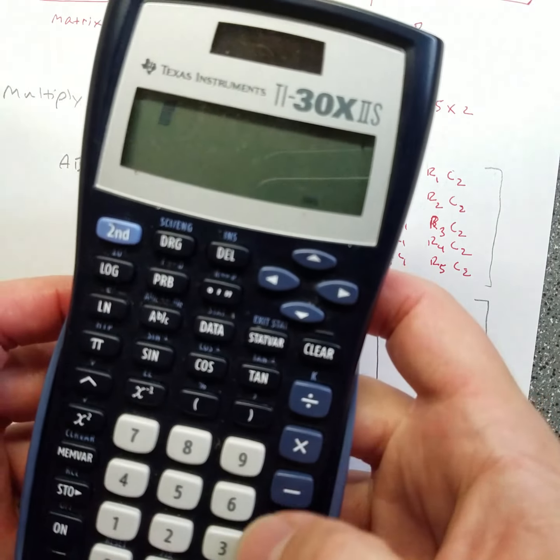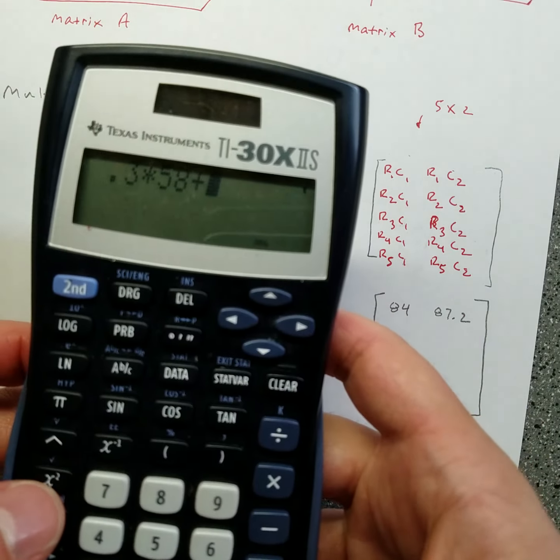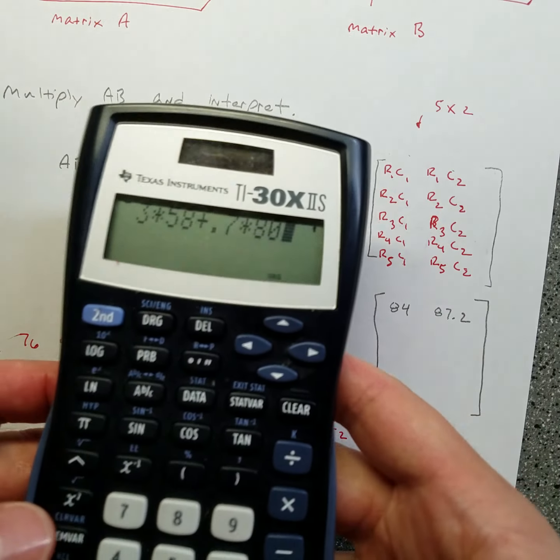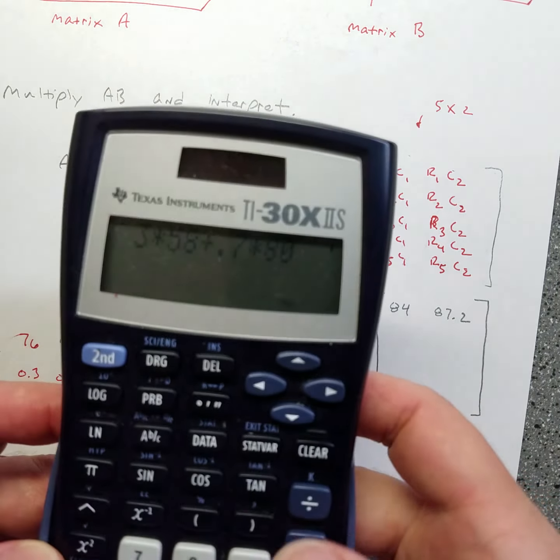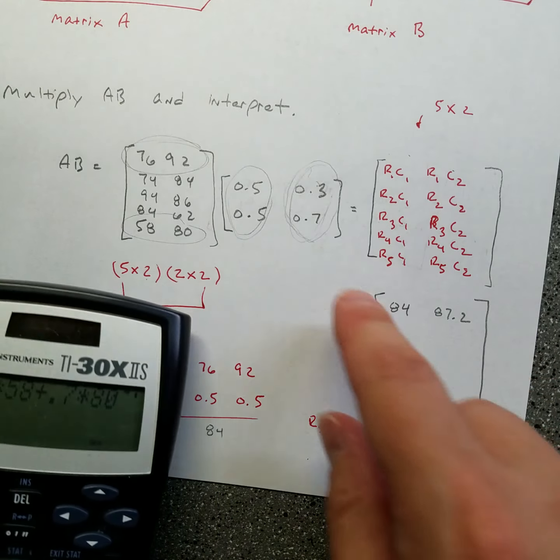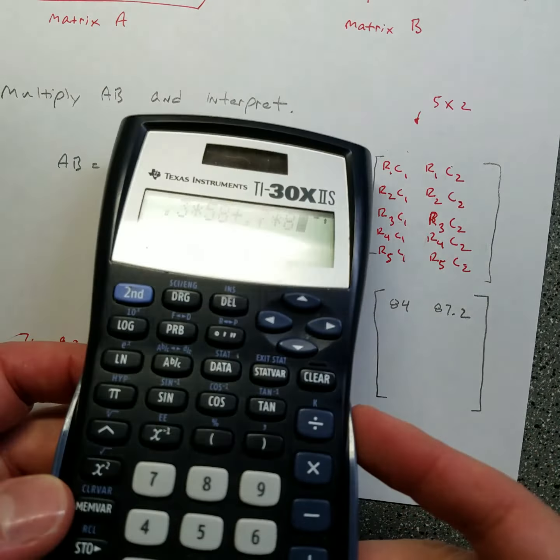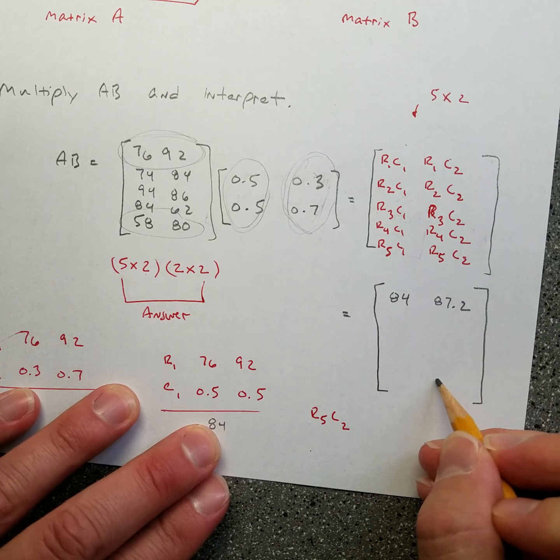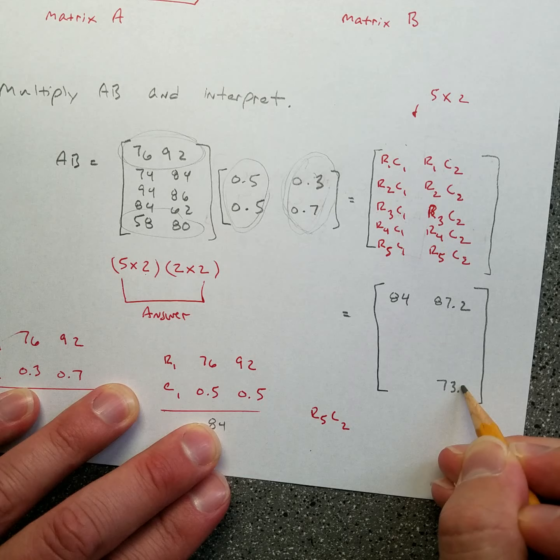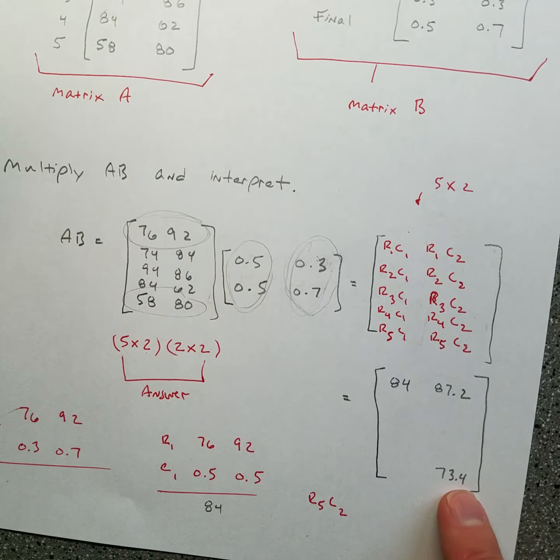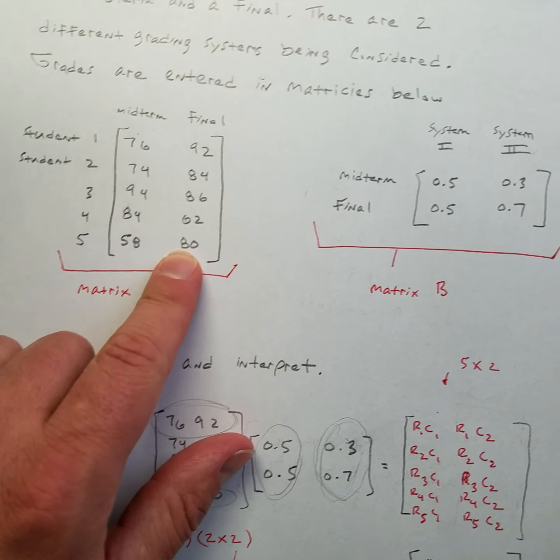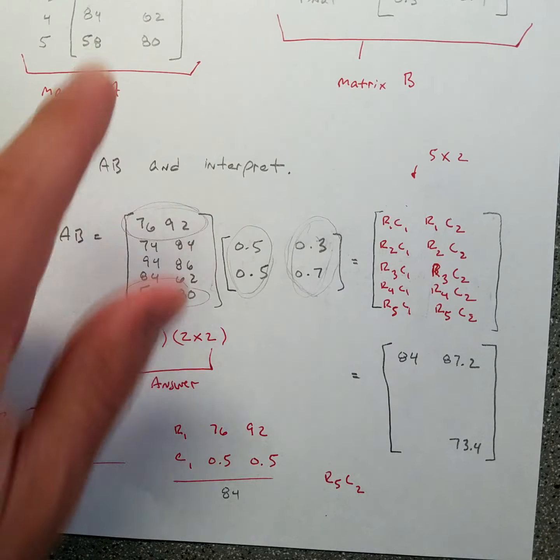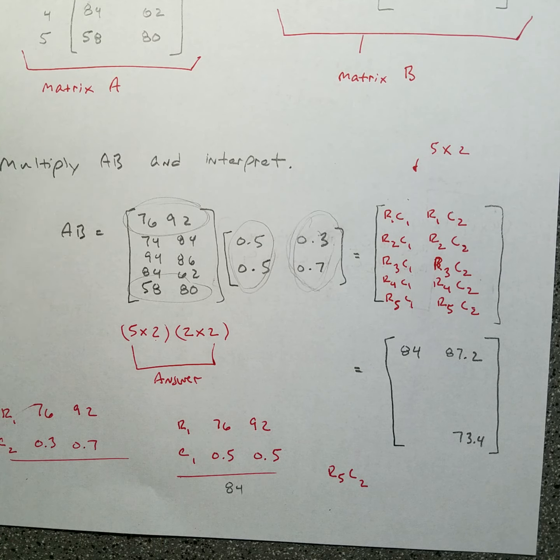So there you're looking at it. 0.3 times 58, 0.7 times 80, and I'll get 73.4. Okay, so what's that mean? It means that student 5 under grading System 2 would get a 73.4.